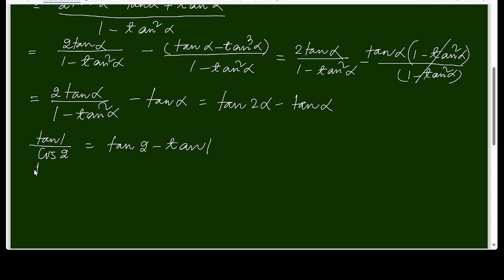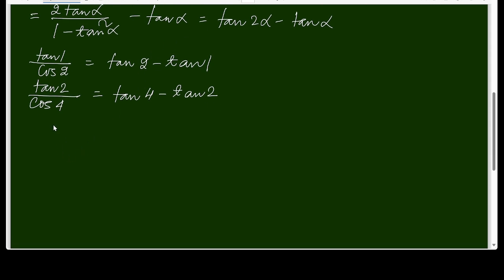Coming to the second term, tan 2 over cos 4 equals tan 4 minus tan 2. So it will be the third term, tan 4 over cos 8 equals tan 8 minus tan 4.